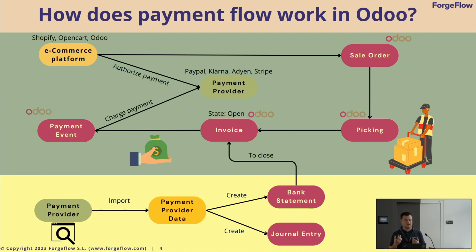And now I'm going to talk about the reconciliation flow, which is a different one, and it starts after all this happens. You need to connect to the payment provider and extract the data you need in order to have the information to reconcile and match: this has been paid, this is still open, and build this pipeline between accounts until your payout in the bank.